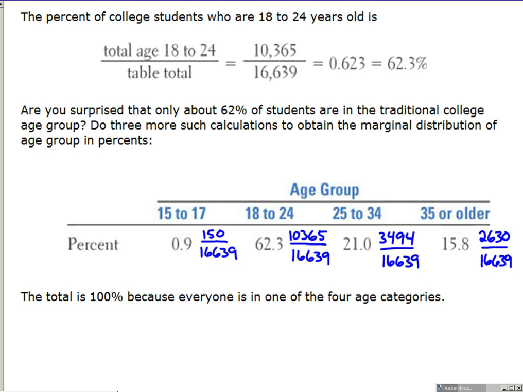So that's how we do a marginal distribution. It's either row total divided by grand total, or column total divided by grand total anytime we want to do a marginal distribution. The total, if we add all those up, is 100% because everyone is in one of those 4 age groups.